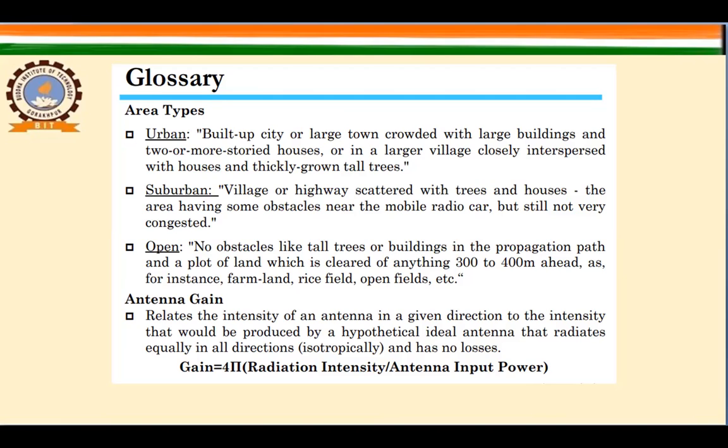The third type of area is known as open area. There is no obstacle like tall trees, buildings, concrete, or jungles. They are actually not built in this open area. So there is no obstacle like tall trees or buildings in the propagation path.